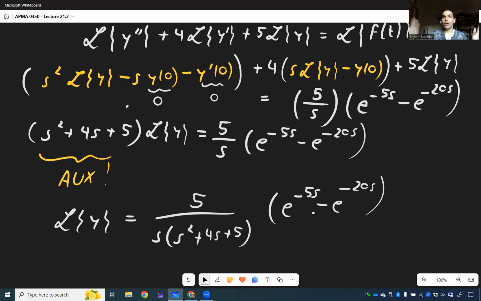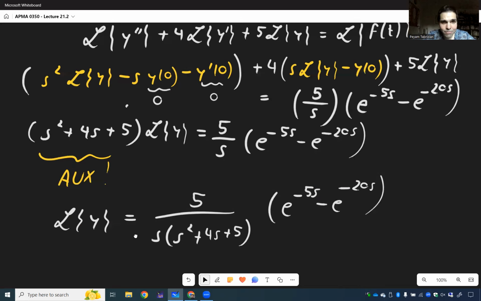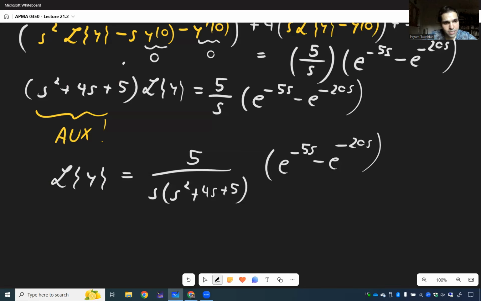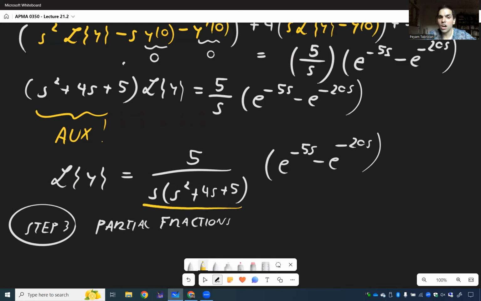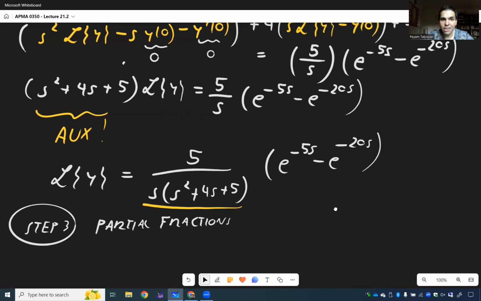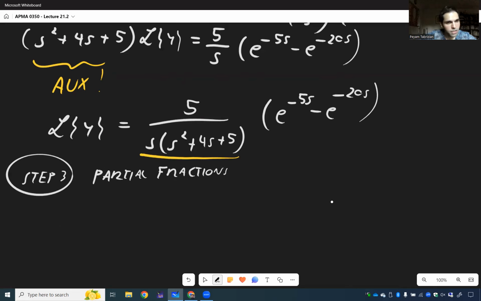And the rest is just unveiling. So once again, we want to do partial fractions. So step 3, partial fractions. Just like before, we want to focus on the term without the exponentials, and then we'll introduce the exponentials.